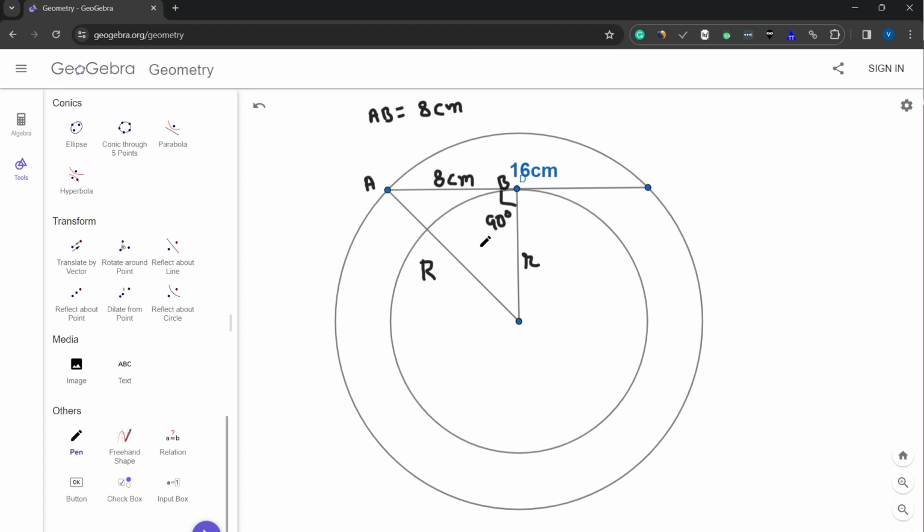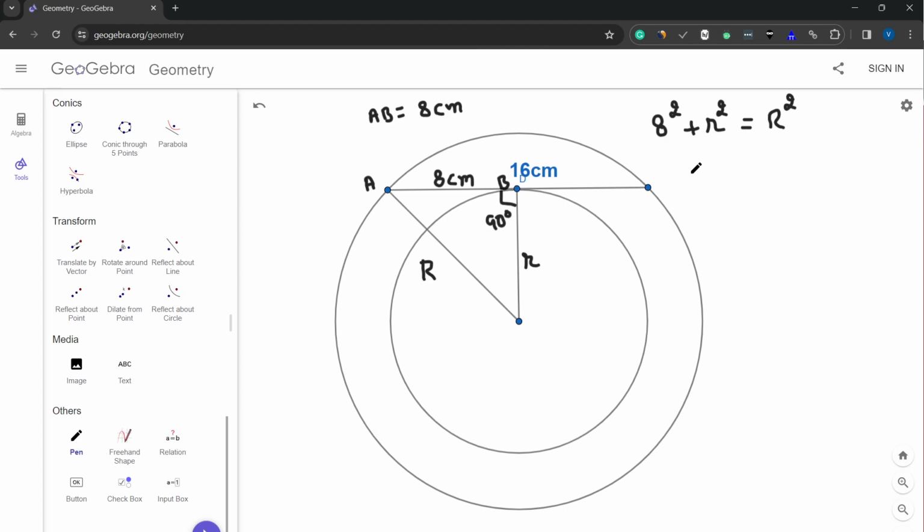Now we have a right angle triangle. We know the length of one side. The hypotenuse is uppercase R and the other side is lowercase r. We can apply the Pythagoras theorem, which is 8 squared plus r squared is equal to capital R squared.